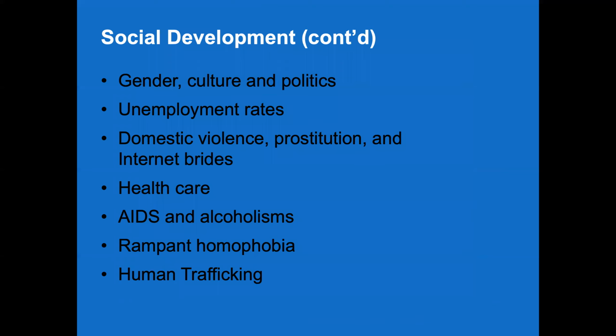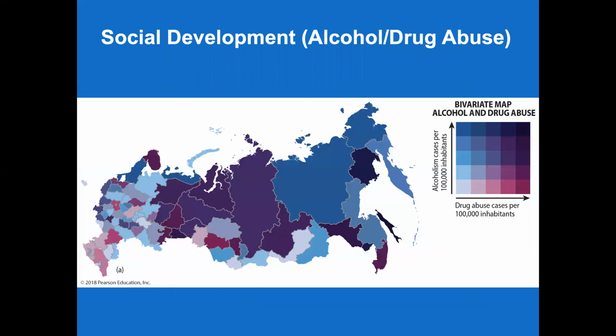In terms of social development, gender, culture, politics, healthcare, HIV/AIDS, alcoholism, homophobia, human trafficking, lots and lots of issues to deal with. So here's the idea of Russia and drug abuse and alcohol abuse.